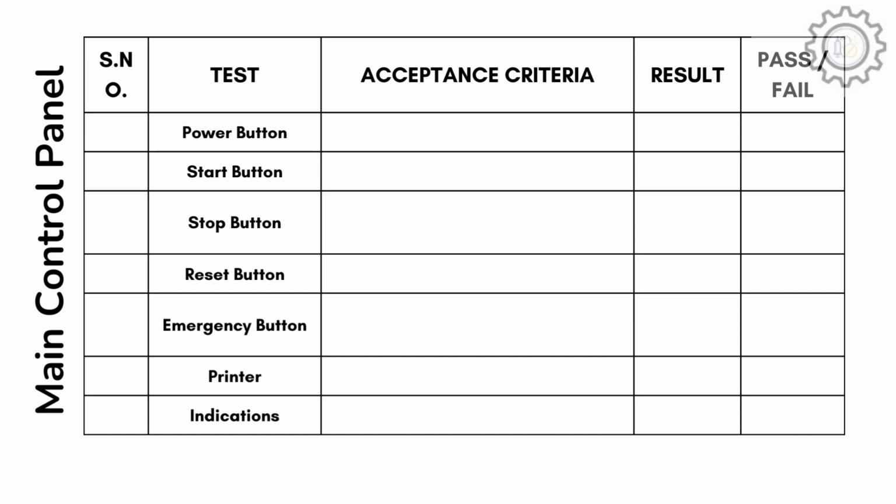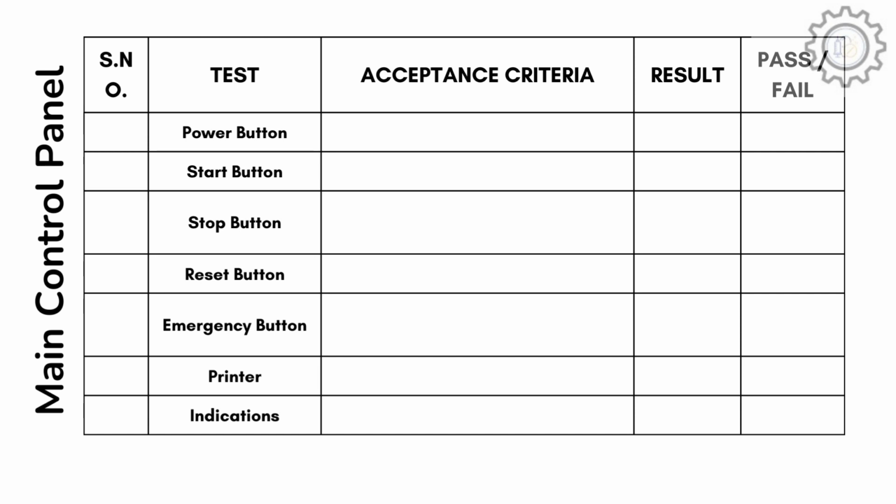For the start button, its acceptance criteria can be machine should start its operation. For the stop button, its acceptance criteria can be machine should stop its operation. For the reset button, its acceptance criteria can be all the alarm functions are removed and machine becomes ready for the operation. For the emergency button, its acceptance criteria can be machine should immediately stop without completing the current cycle.